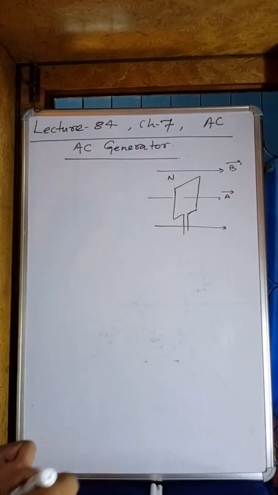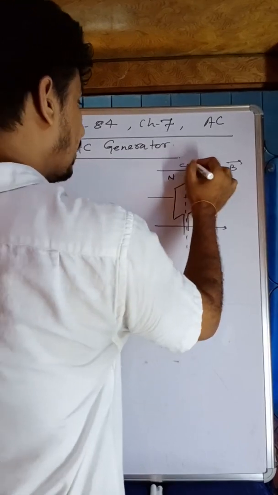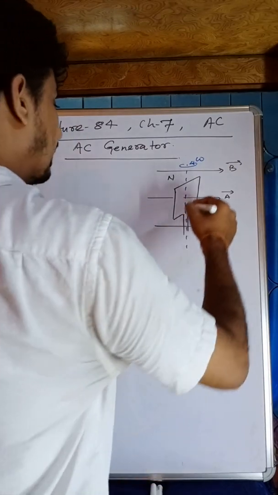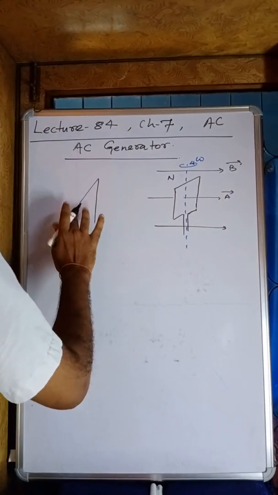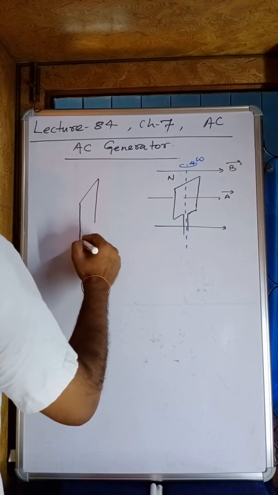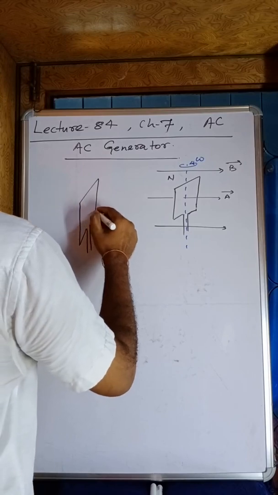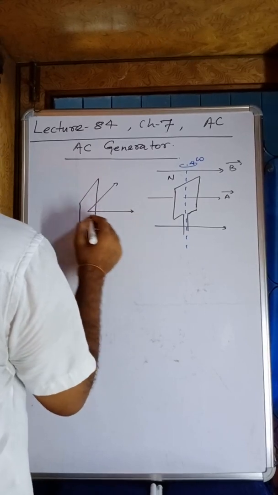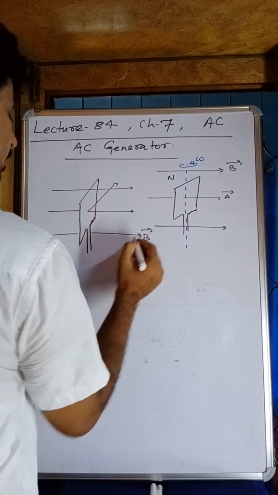Yes, N. And it is rotating about this axis with which velocity? Omega. Suppose this coil rotated like this for a certain angle. This was the magnetic field, direction of magnetic field B.